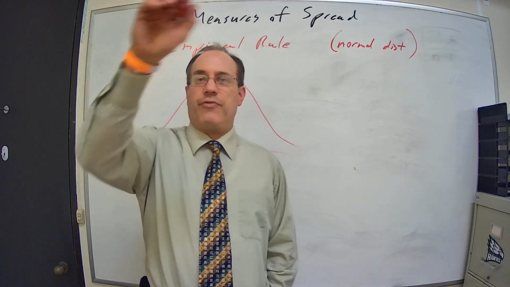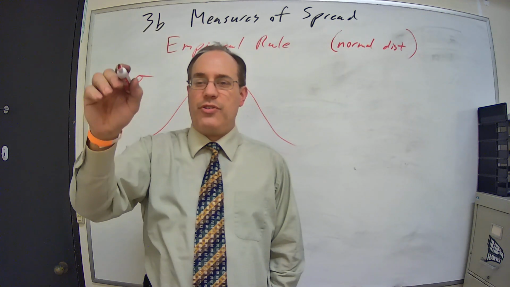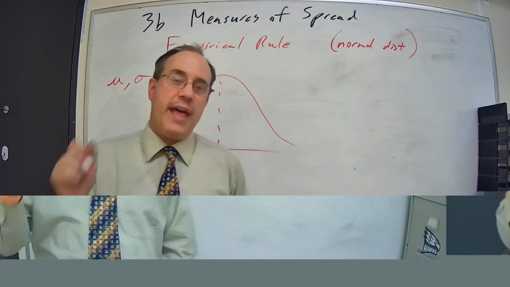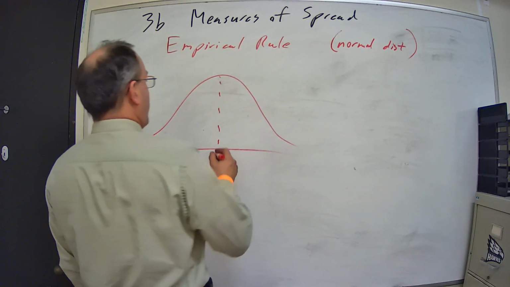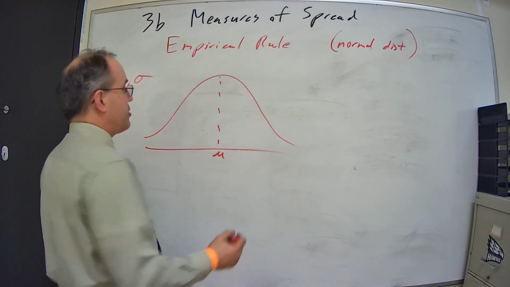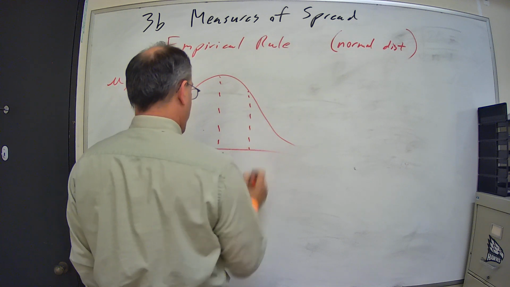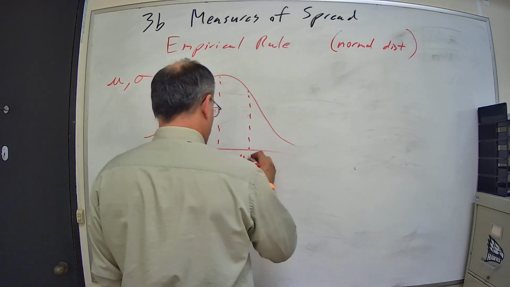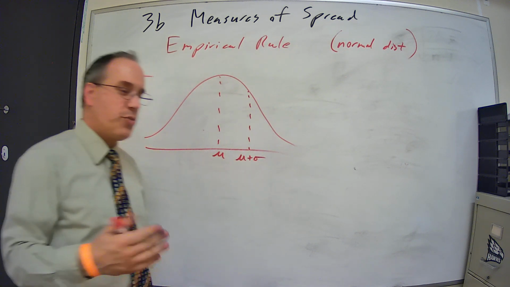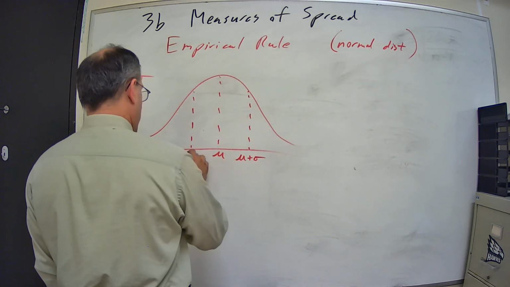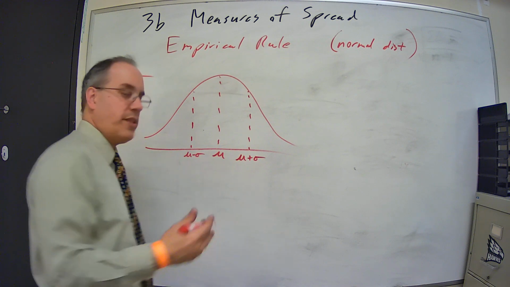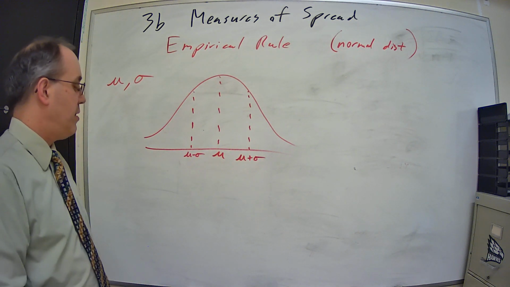That transition from an upside down U to a right side up U is the inflection point. That inflection point occurs one standard deviation away from the mean, at mu plus sigma. It happens on the other side too, mu minus sigma, one standard deviation away from the mean.